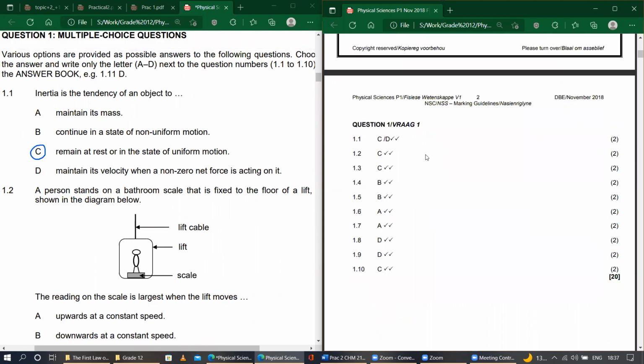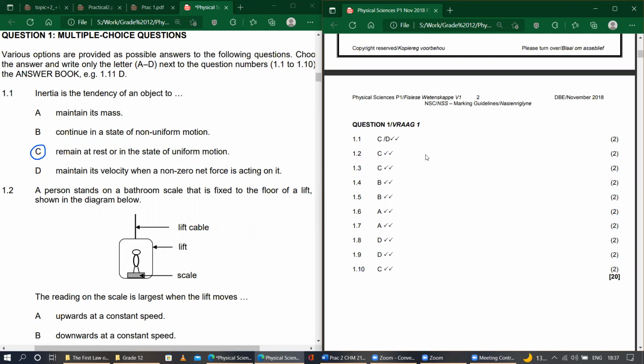So from this we can see that 1.1 stays C or D. You were right, because I was mostly looking at D when they say it maintains its velocity when a non-zero force is acting on it.